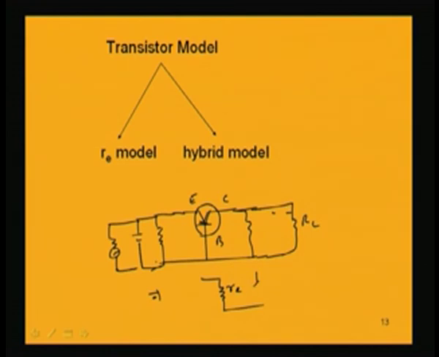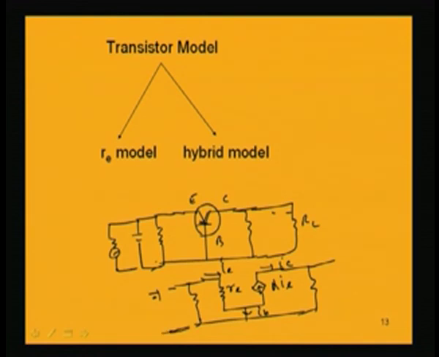So, it will be like this, it will be alpha times IE. So, apart from this, this is your emitter current, this is the collector current, this is the base current, and other things of the AC equivalent circuit will be there.